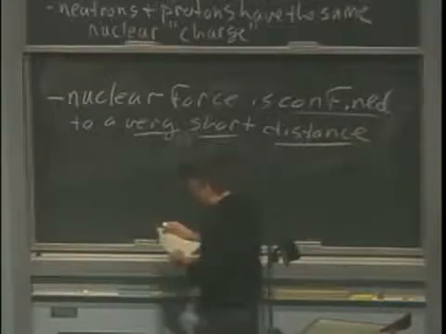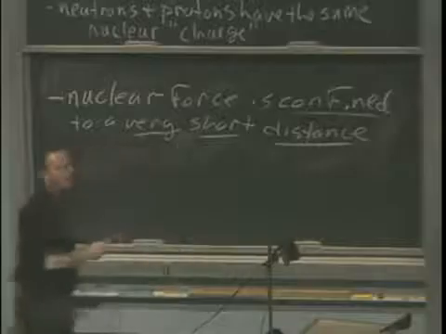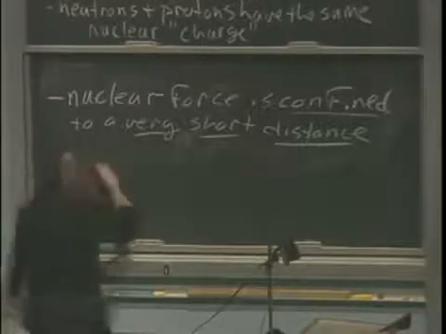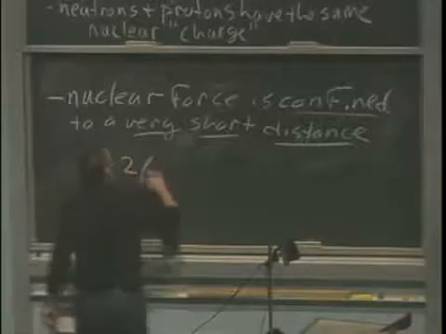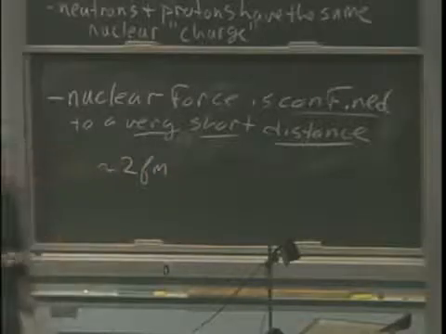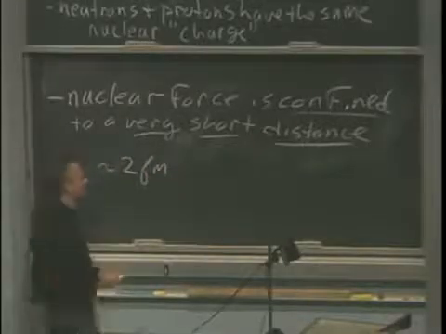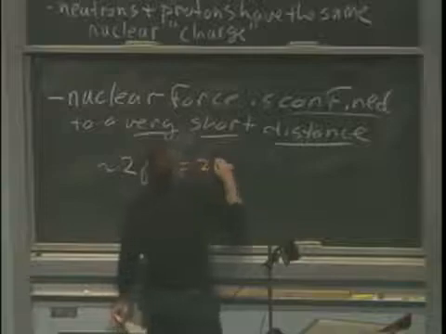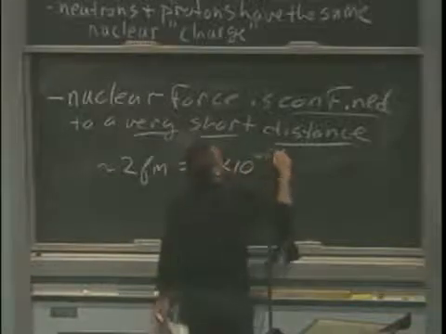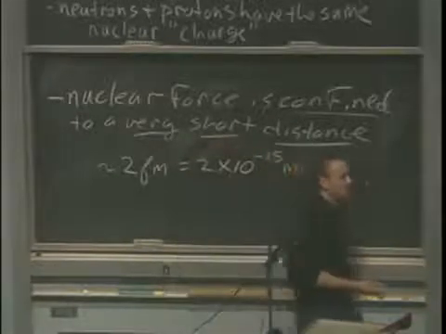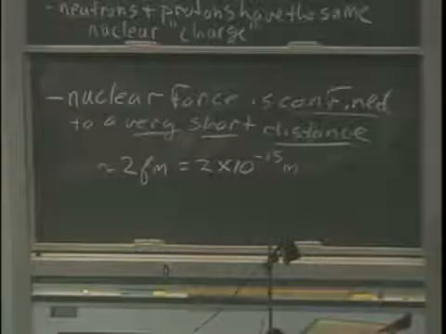So it's a very short range. It is confined to a range of about 2 femtometers. I'm going to start using femtometers when we talk about the nucleus. So that's 2 times 10 to the minus 15 meters. So it only acts over the nuclear size scale.